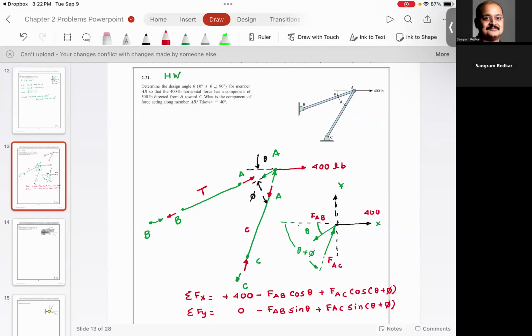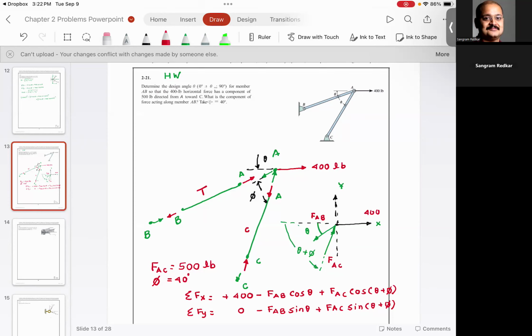Now, they are telling us that FAC is equal to 500 pounds, and I think phi is equal to 40 degrees.